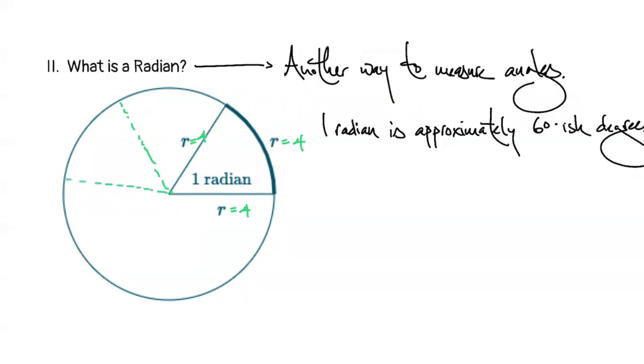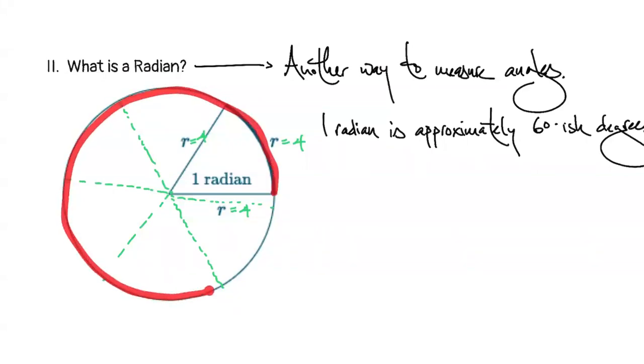Third one, fourth one, fifth one. And actually the 6th one, if we did it super accurately, would only get us almost all the way around. Okay. So if I wanted 6 radians, that would measure out something like this, but it wouldn't be the whole circle. There's a little bit left over.